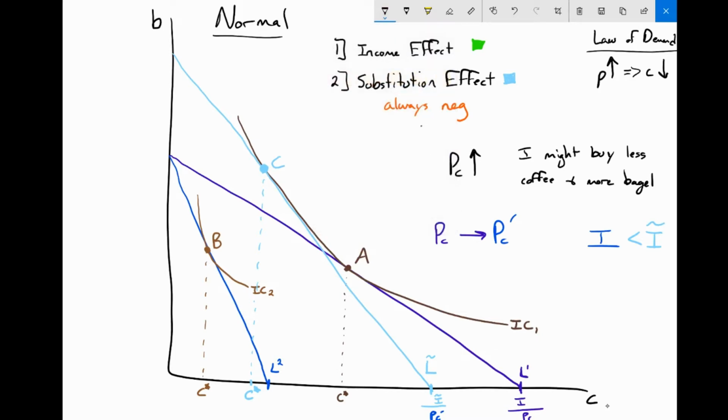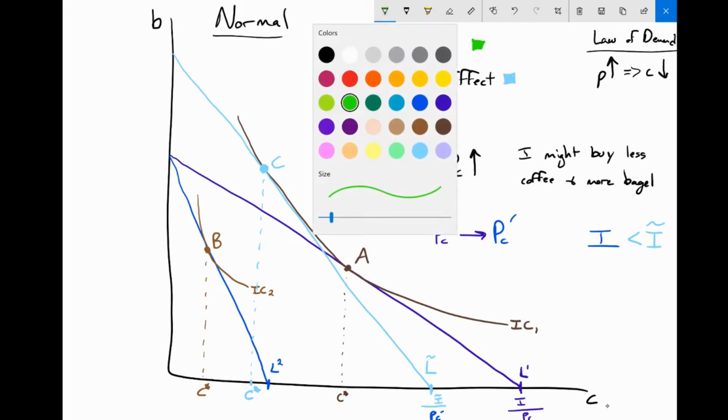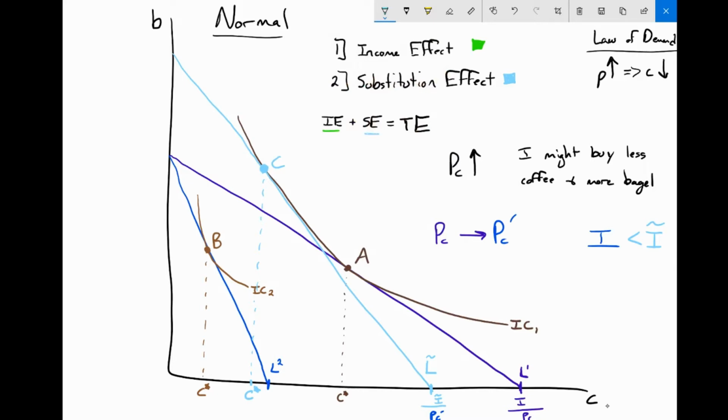So the income effect plus the substitution effect equals the total effect. So the total effect of a price change is composed of the income effect and the substitution effect. And so I'm going to illustrate the total effect with pink. All right, so here we go.